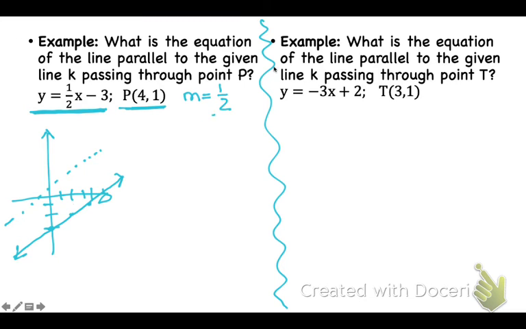After I get my slope, I don't need this any longer. Making sense? So I need to find the equation of this line somewhere over here. I don't know exactly where it's at, but it's going to have the same slope, right? And it's going to go through 4, 1.